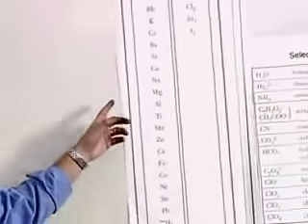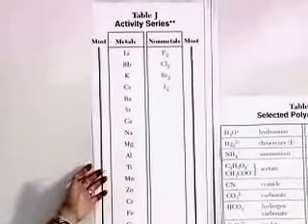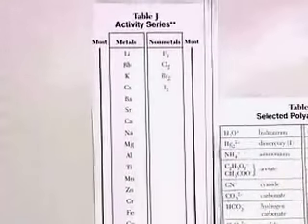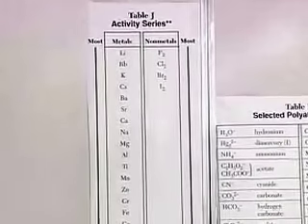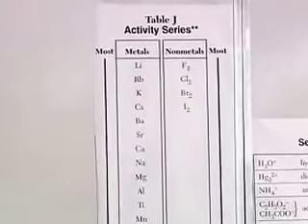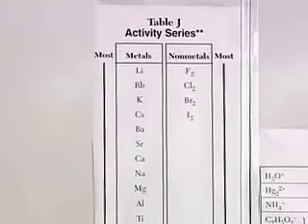The first way to tell whether a substance is reduced or oxidized is using Table J. Table J shows the activity series of certain metals. We remember from the periodic table lesson, and if you don't, go back and listen to it, that metals lose electrons. What do metals want to do? Again, they want to lose electrons. So Table J shows how active they are.